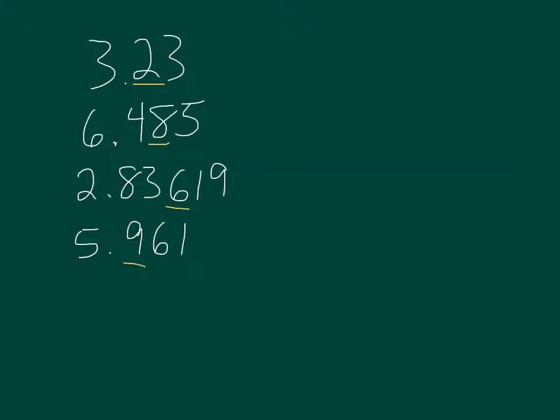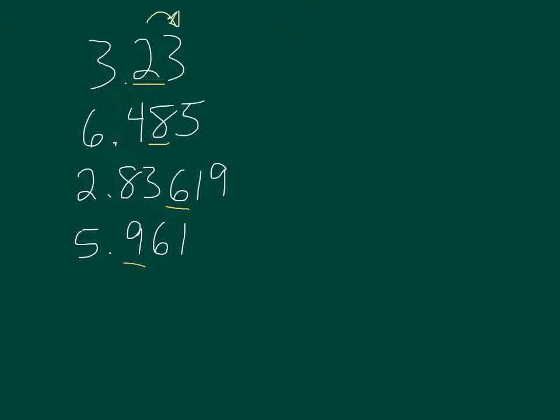Okay, now we want to round the decimal to the digit or the place value that is underlined. So in this first one, 3 and 23 hundredths, 3.23, we want to round it to the tenths digit because the 2 is underlined. So what you do is you look at the digit to the right of the 2, and you see, is that closer to 0 or is it closer to 10?